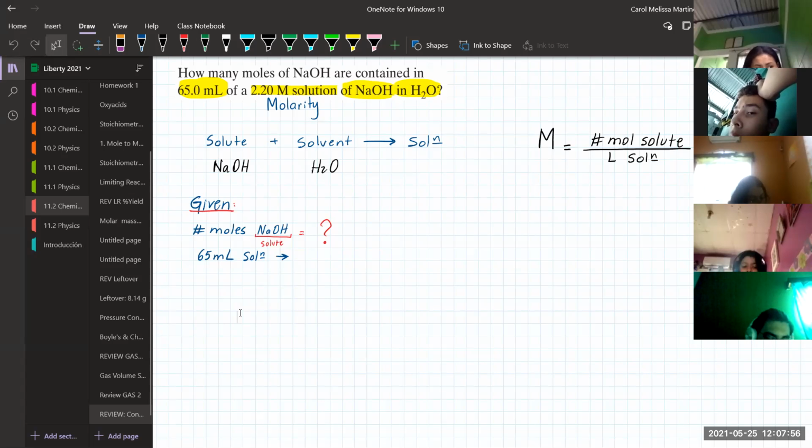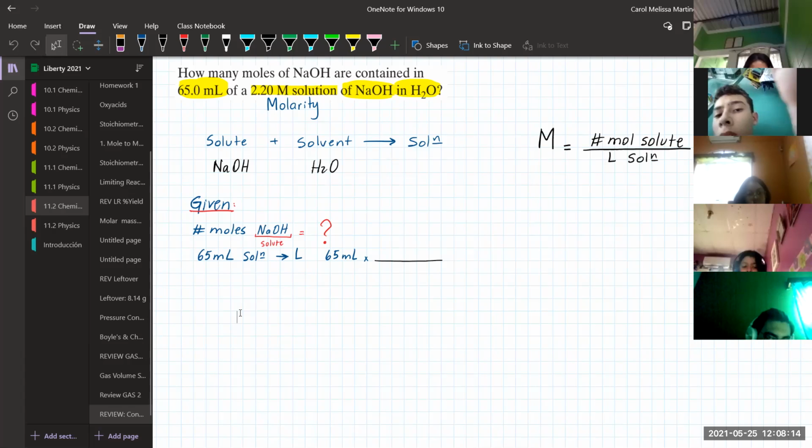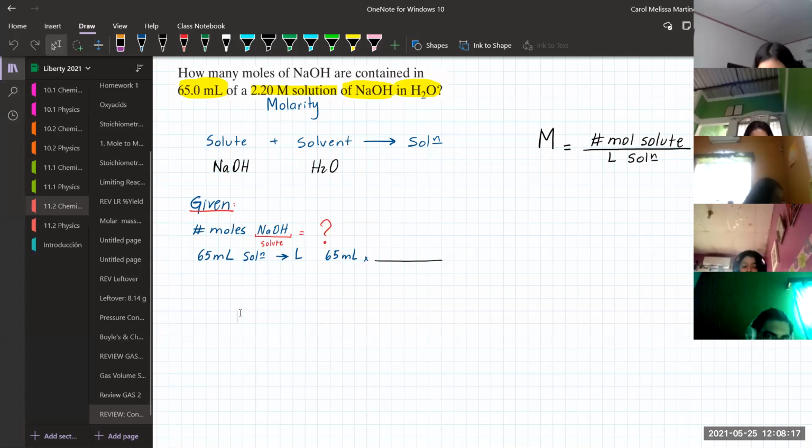So you say 65 milliliters times. What is the conversion factor from liters and milliliters? Where am I going to write the liters, up or down? Up. So 1 liter comes up, and there are 1,000 milliliters in 1 liter. You cancel milliliters with milliliters, and this gives you 0.065 liters of solution.